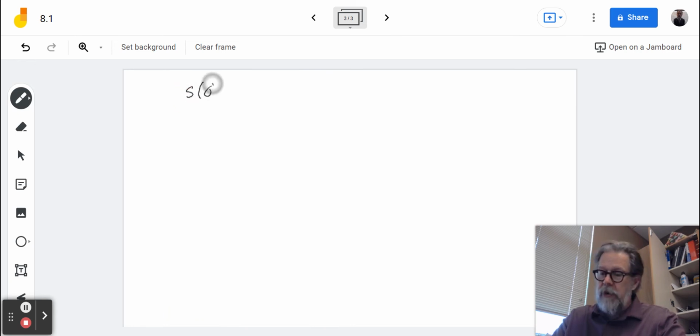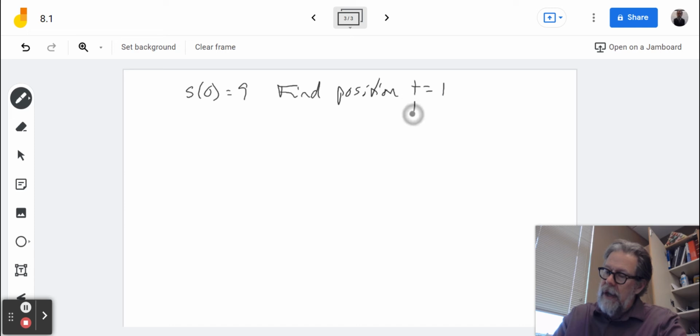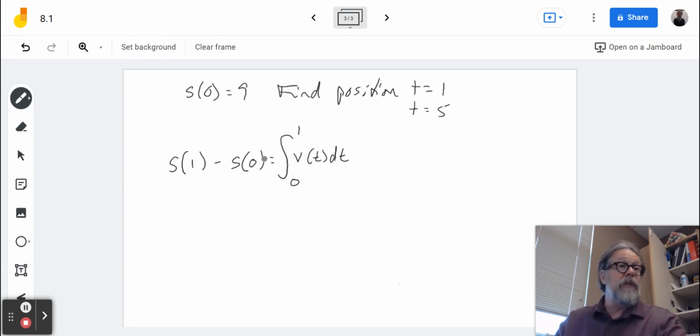We have an initial position of 9. We want to find our position at t equals 1 and at t equals 5. And so s at 1 minus s at 0 equals the integral from 0 to 1 of v of t dt. We can plug this into our calculators, or we could figure it out.